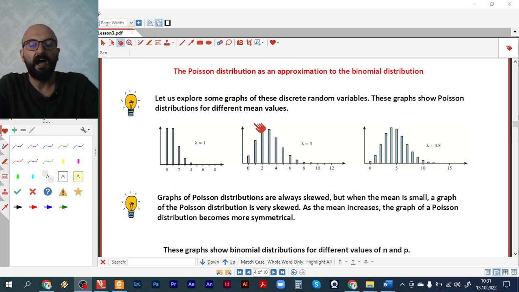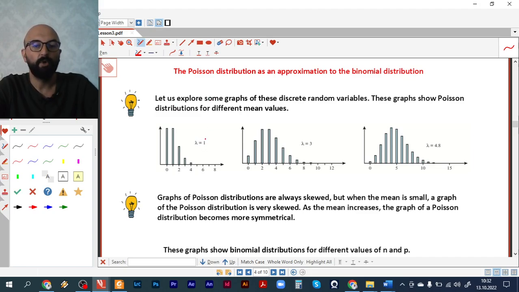Before that, I want to give a brief summary of what we learned in the last lesson about the Poisson distribution as an approximation to the binomial distribution. If you remember, we have some graphs of the Poisson distribution.